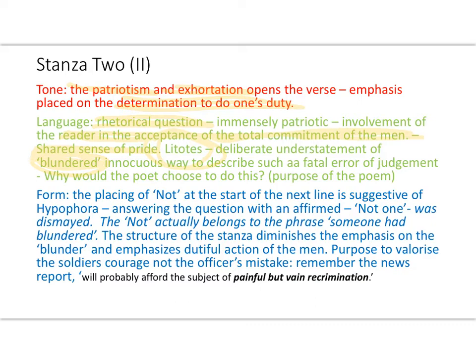So why does he use litotes? Why does he use deliberate understatement to talk about such a fatal error? The purpose is, this poem is not focused on the fatal error. This poem is focused on the courage of the men. And therefore he's underplaying what is a pretty serious political question, and instead making sure that in the forefront of this poem you have the courage and the bravery of the men.